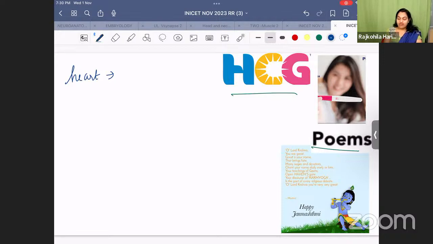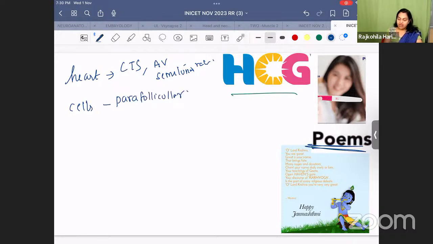That are going to contribute to the development of the heart, you see the conotruncal septum, the atrioventricular valves, and the semilunar valves, right? And cells, that is what I put here, POEMS, poems. The parafollicular cells or the C cells of the thyroid gland, right? The odontoblast, right?